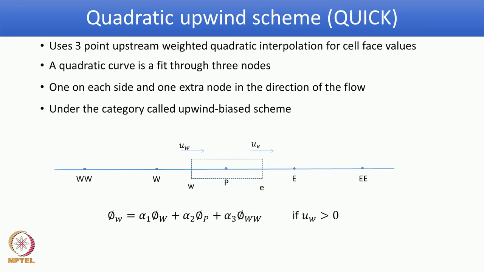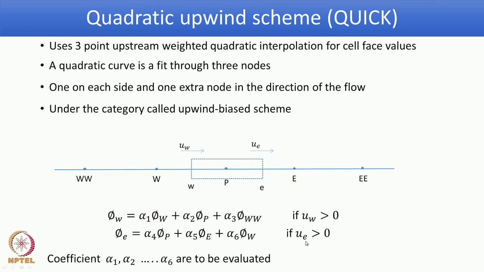Now, let us take the next case, when the flow is from left to right and we look at the east face, with u_e greater than 0. Phi at E is evaluated from 2 adjacent nodes, the east node and the P node, and one more upstream node in the direction of the flow.